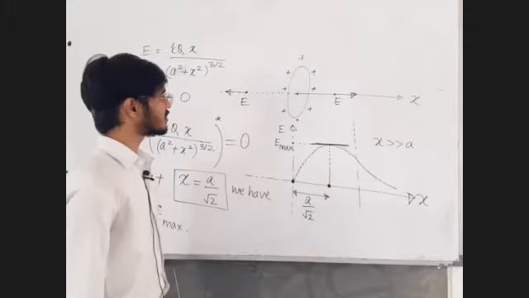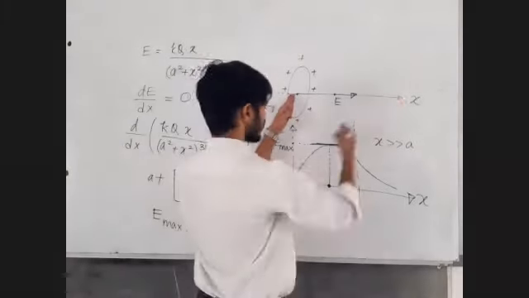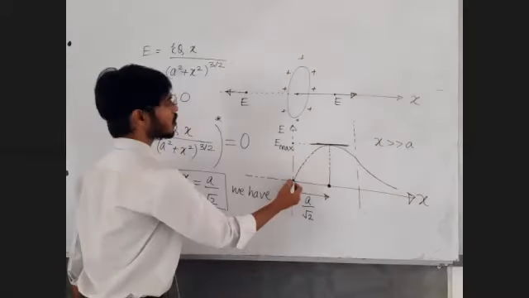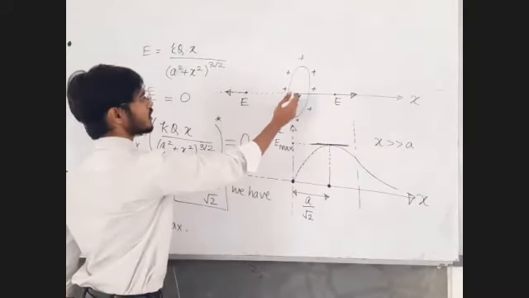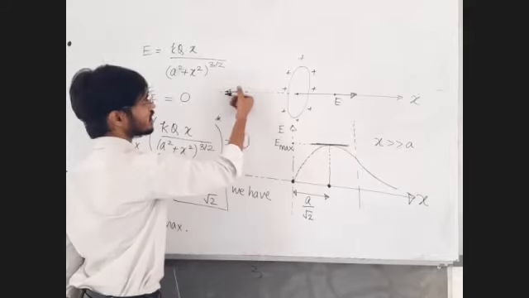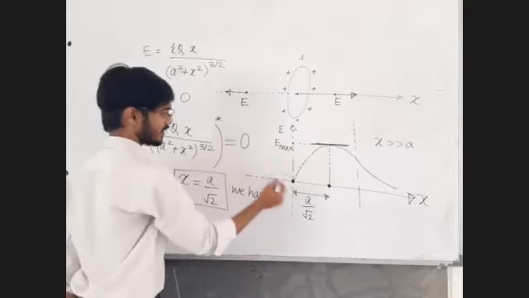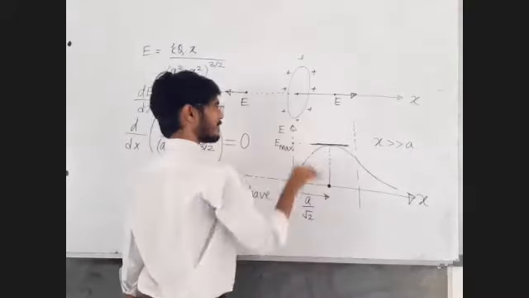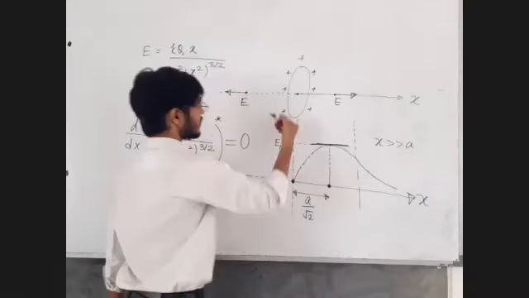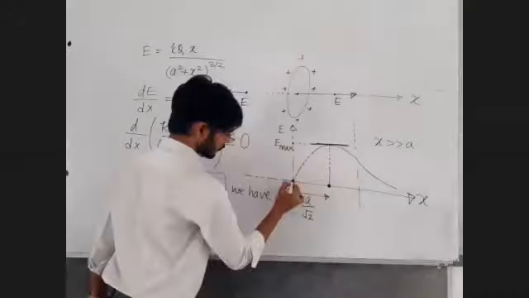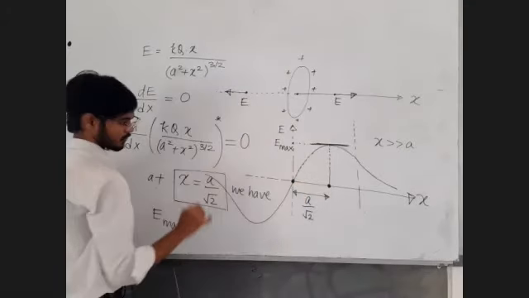But sir, ultimately the nature of the graph should remain the same. We only have to assign the negative direction, the left hand side direction, a negative sign. Positive direction is plus i cap, just ignore the i cap, write it as plus. Negative direction is minus i cap. So retaining the nature of the graph, just repeat the graph.